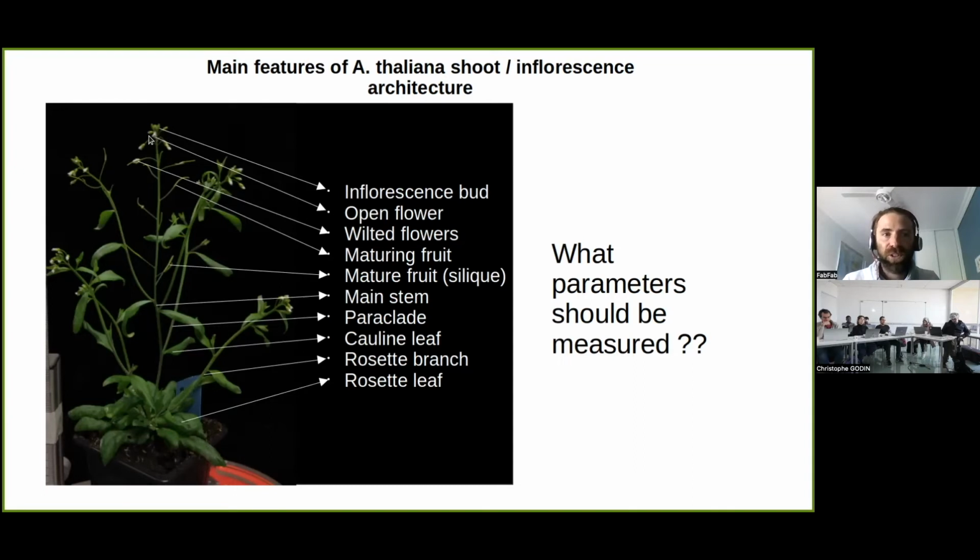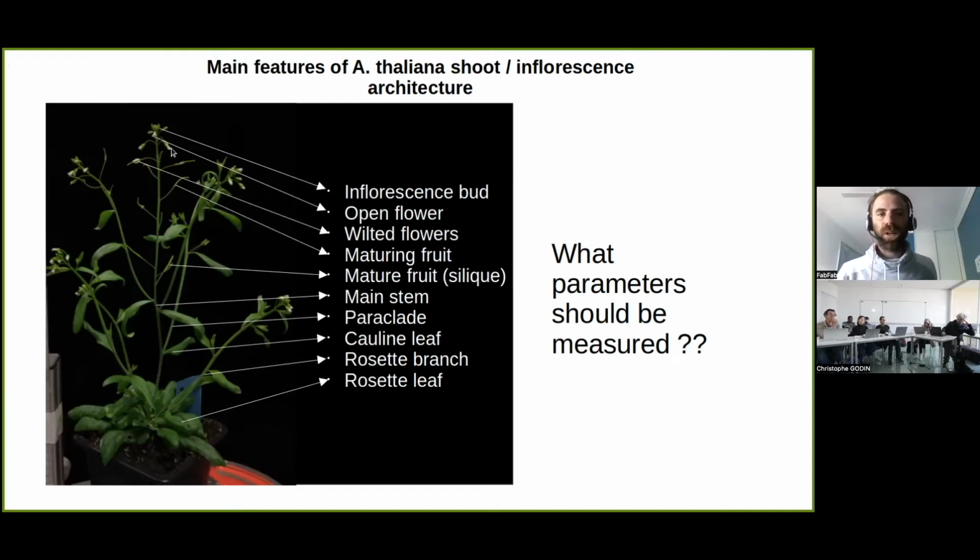And at some point, they are so old that they start to flower. When they flower in Arabidopsis, it's when the petals go out of the sepals, which are the most external organs in the flower. The petals grow so much that they push away the sepals, and it corresponds to a global maturation of the plant.